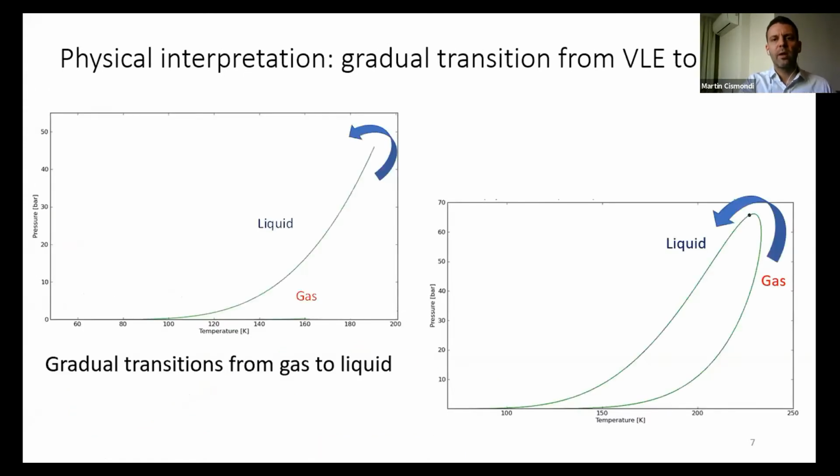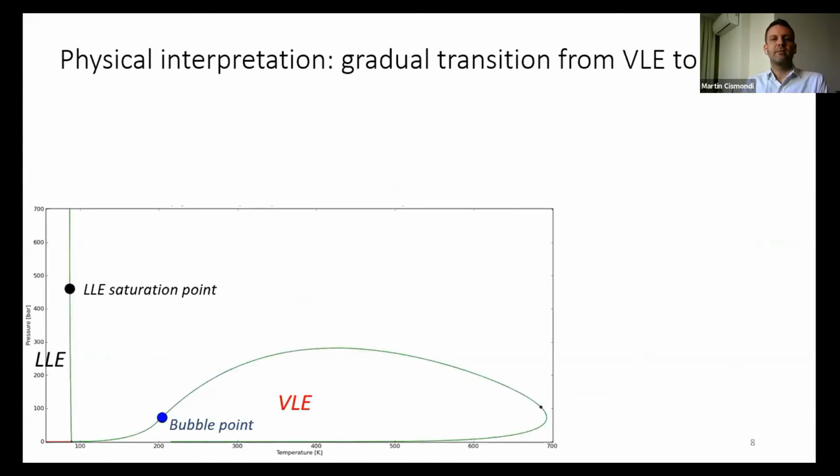So what we have in the phase envelope is a transition now not for a stable phase, a monophasic system, but in a saturated system where what is changing gradually is the incipient phase, right?